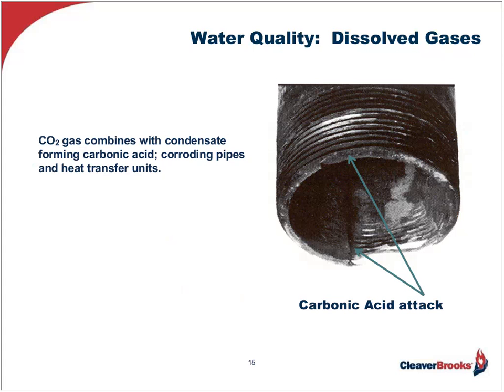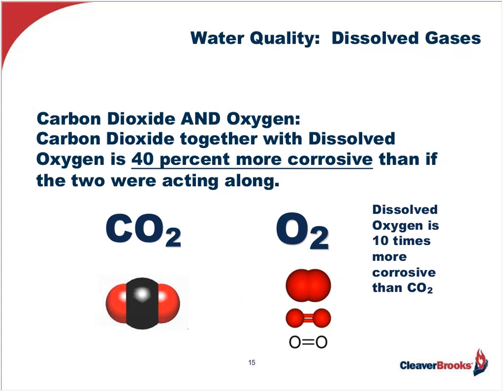And this is what carbonic acid attack looks like. It is mainly found in the condensate return lines, but can be found in steam lines too. And the other thing to consider with carbonic acid attack is, even though oxygen is 10 times more corrosive than carbon dioxide, carbon dioxide is 40% more corrosive when working in conjunction with oxygen.